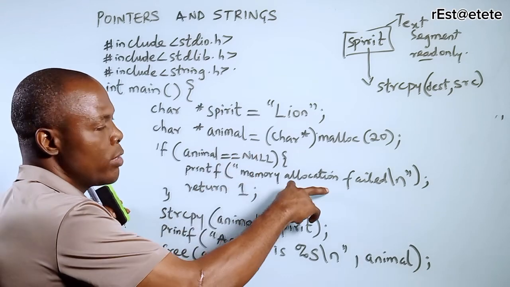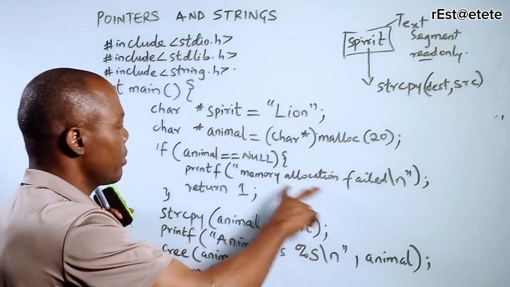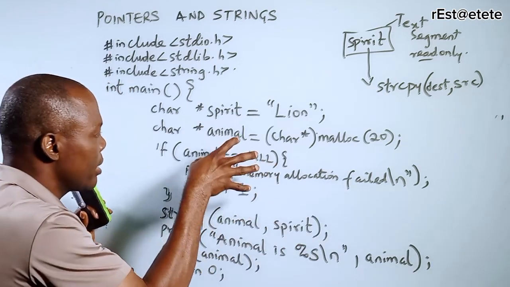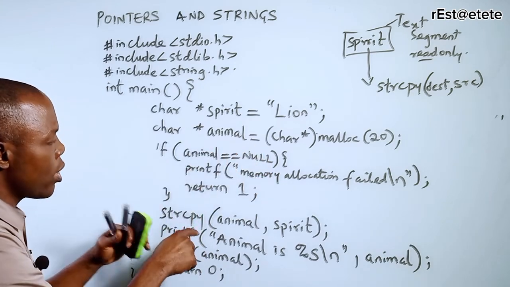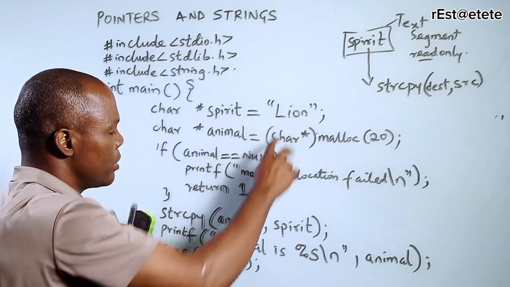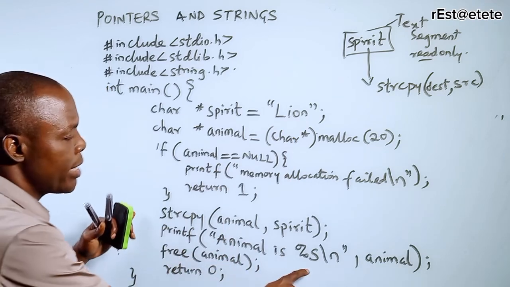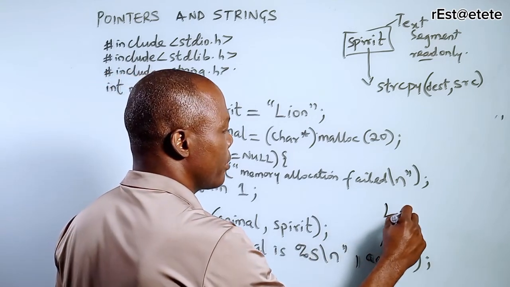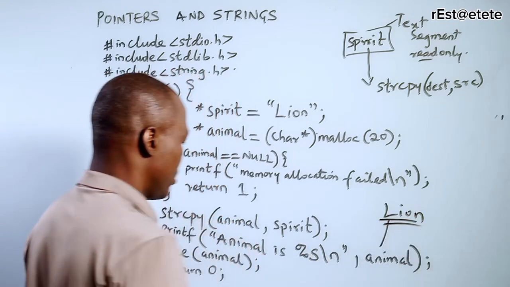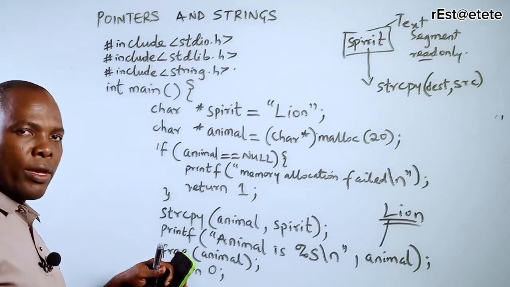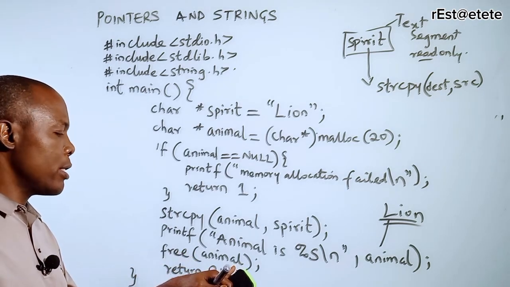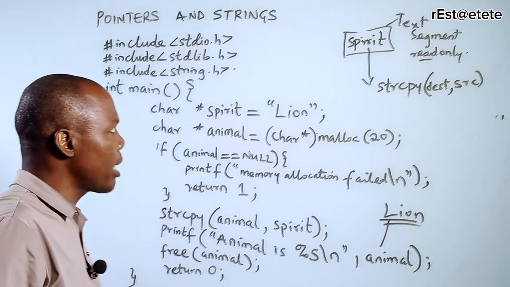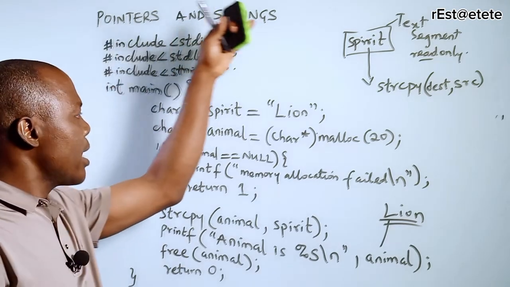If it is not, then it will throw you an error and print out memory allocation failed, meaning no animal created. Now, that was successful. Then you take the name that is in this spirit and copy it into animal and then you print out this value. So when you run this, it's going to print out lion, right? And then when you no longer need it, you free that space and then you return 0. So this is a whole program showing you pointers and strings.